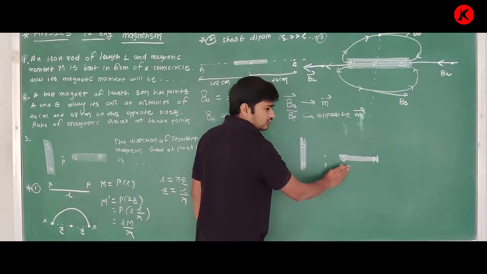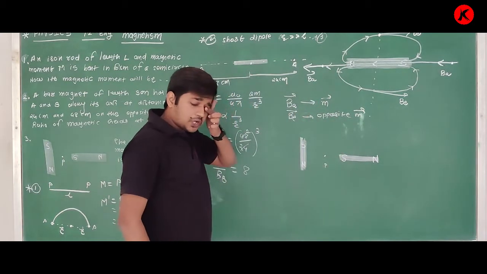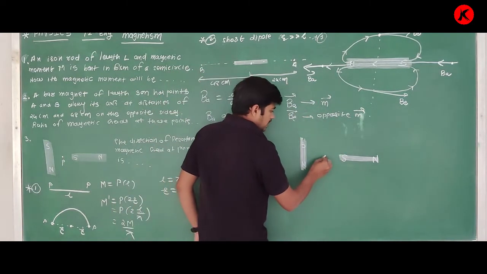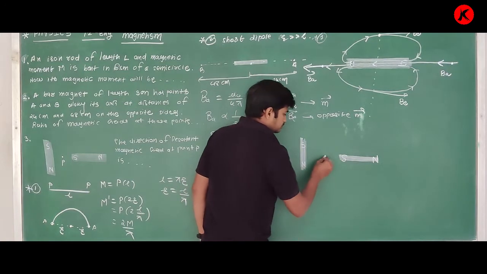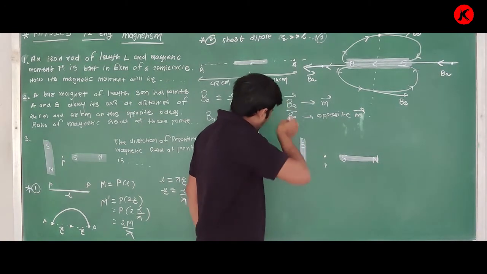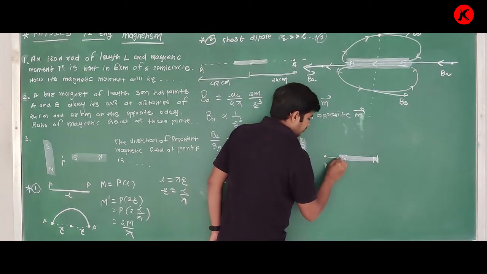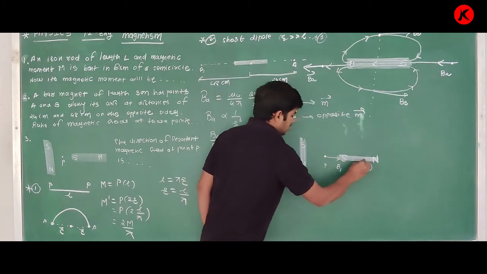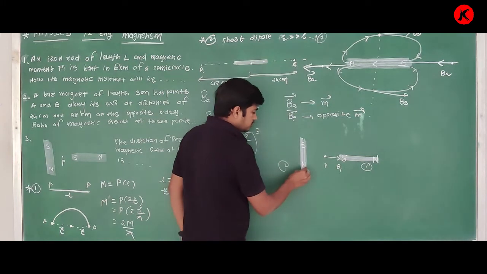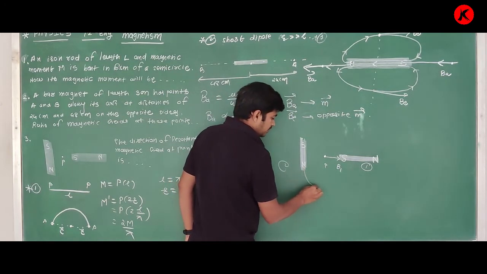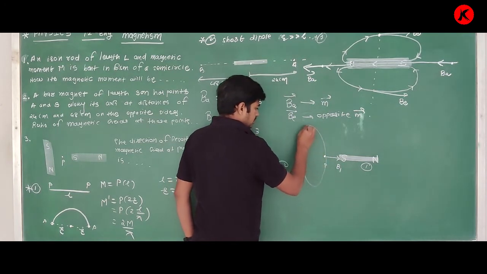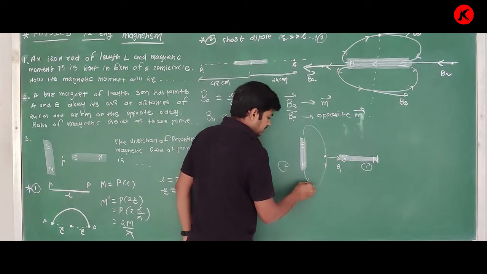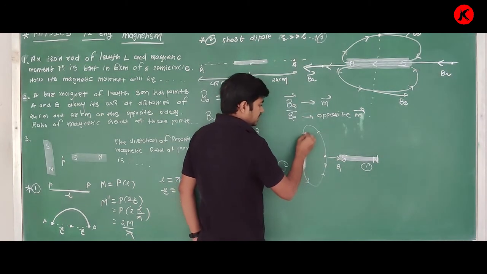First of all, you have to draw a picture. At point P, due to the south pole, the magnetic field will be in this direction. We know that the magnetic field is from the north pole outside and into the south pole inside, in the direction of the tangent.